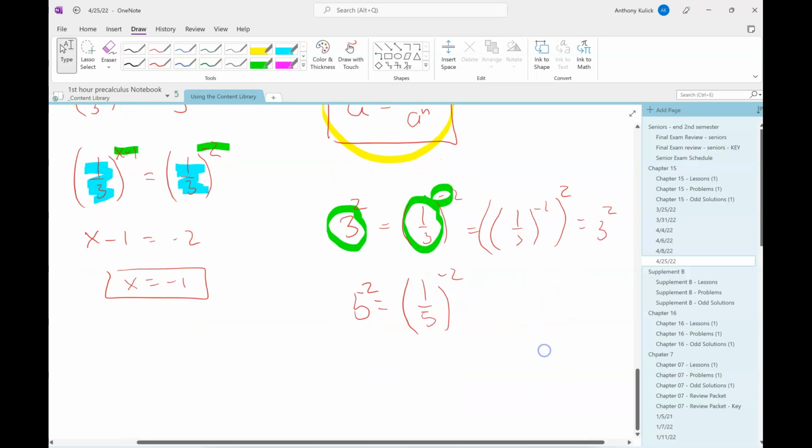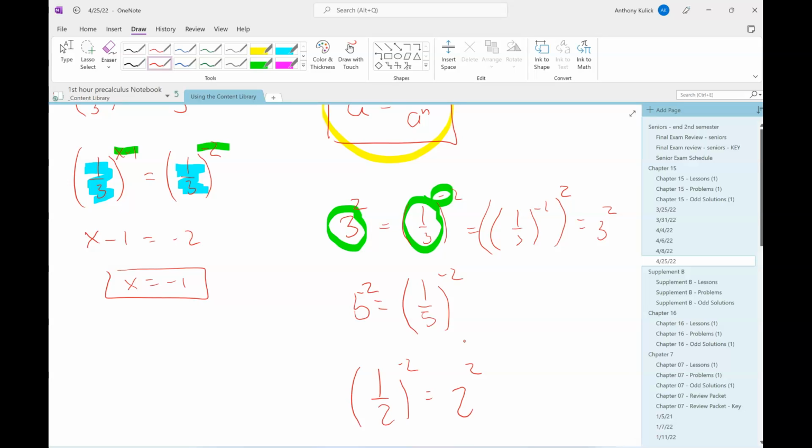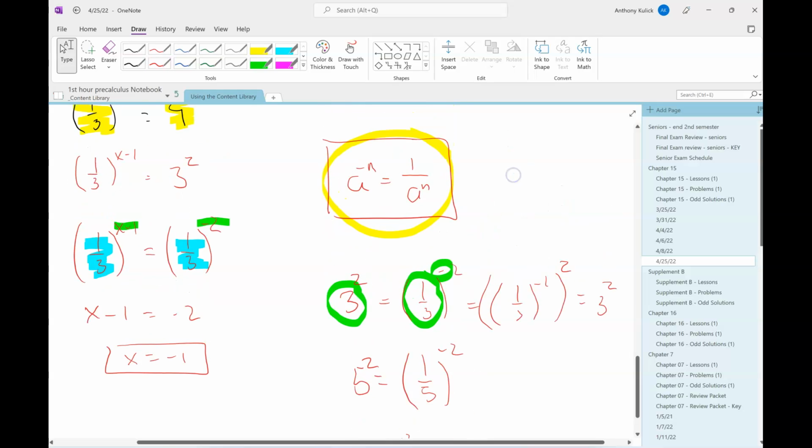Or if I had 1/2 to the negative 2, I could write that as 2 to the positive 2. Is that just the same rule that applies to everything? Yes. Yeah, so I'm just using this rule in a clever way.